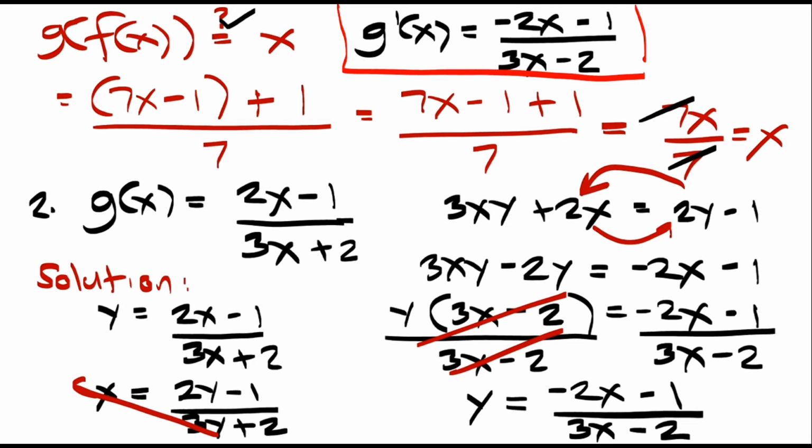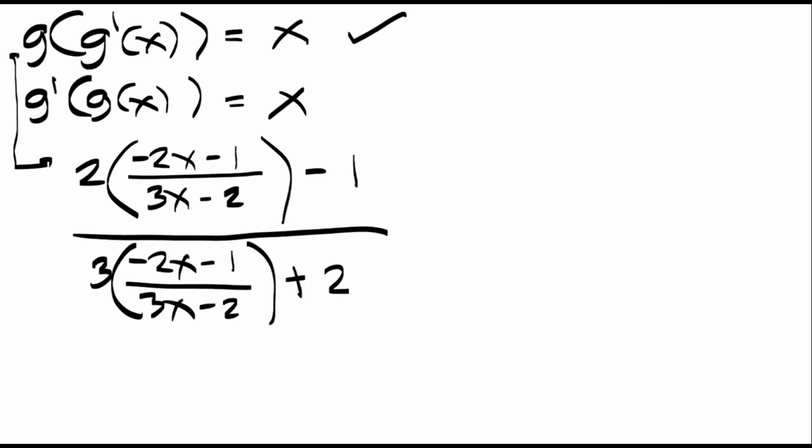Okay, it's plus 2. So this expression, when simplified, must be equal to x, since g and g prime of x are inverse functions.